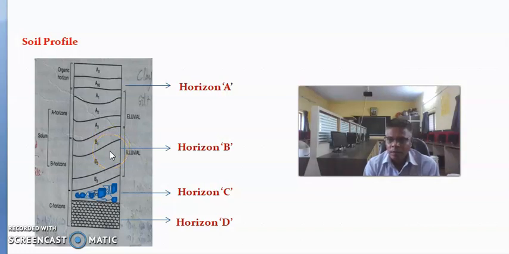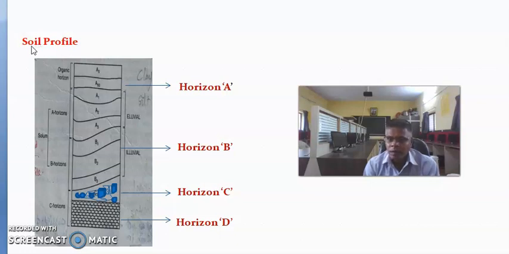One point should be noted, that a soil profile appears in different soils, but when we study alluvial soils, the soil profile is always absent, because alluvial soils are newly formed every year through eroded material which is deposited by the flood, river flood.